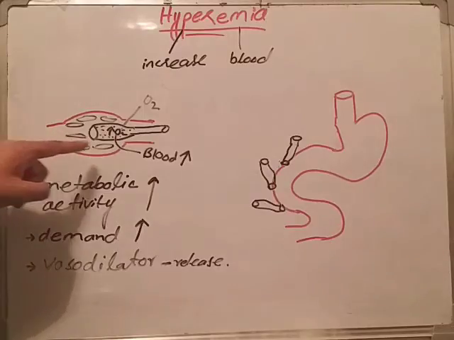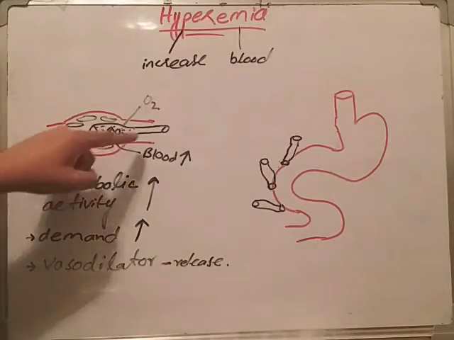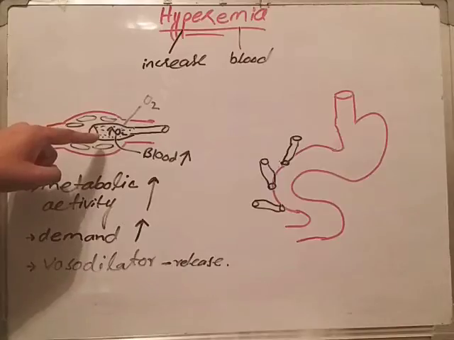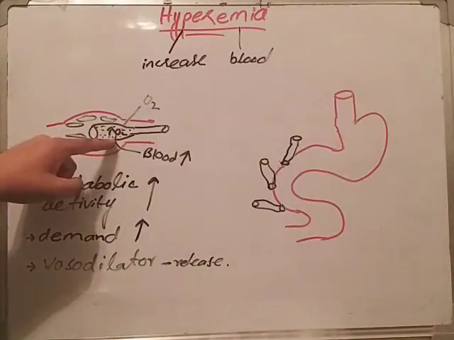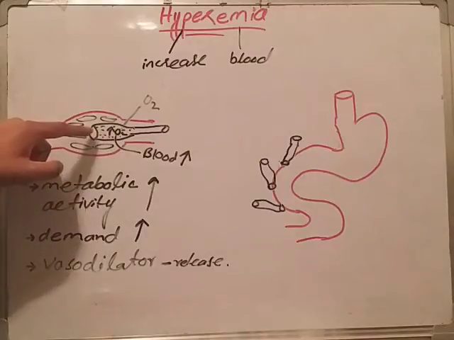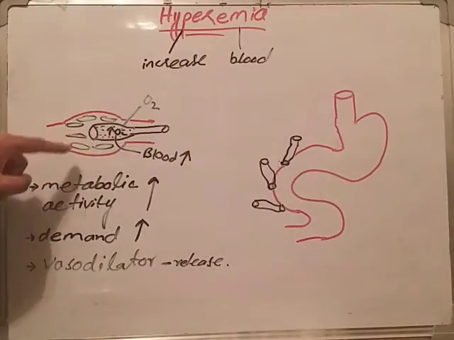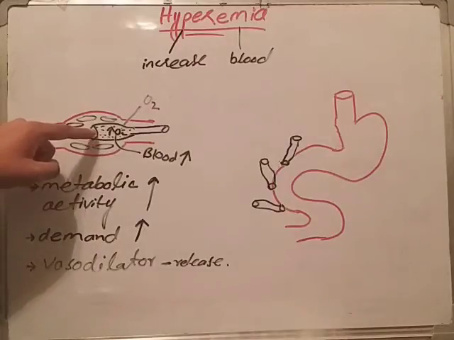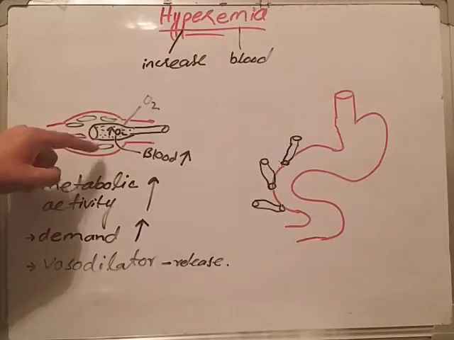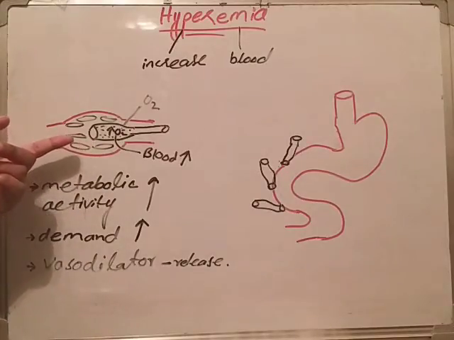So here we can say that more blood is flowing toward the skeletal muscles. This means the muscles are getting more oxygen, and we say that this condition is hyperemic, because here the blood level increases compared to normal.